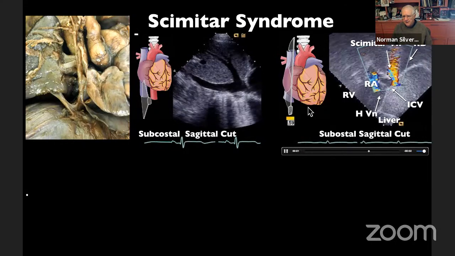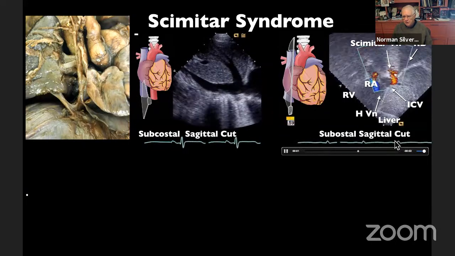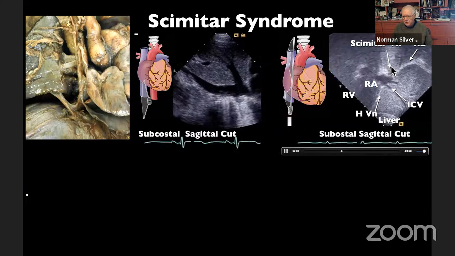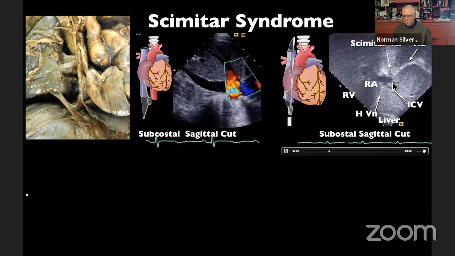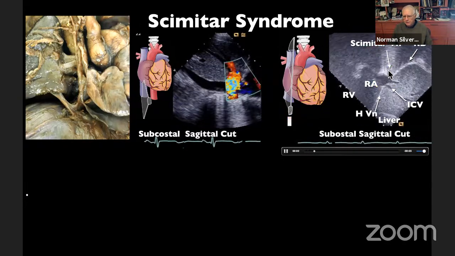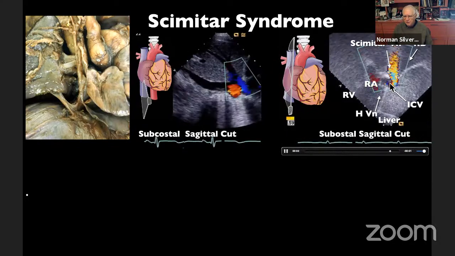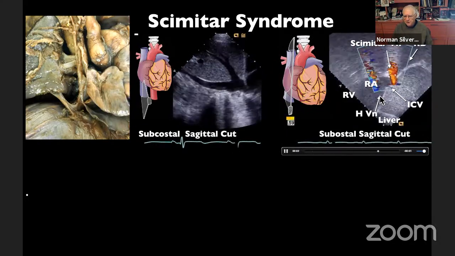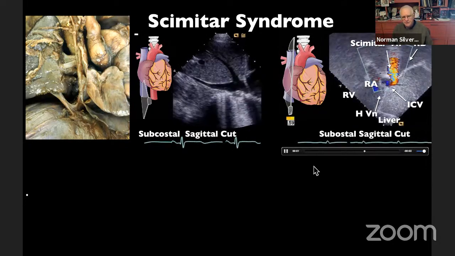This is back and front, top and bottom, and opposite from the one I've shown you previously. And here in 2 dimensions, we have been able to see this vertical vein draining to the supradiaphragmatic portion of the inferior vena cava.